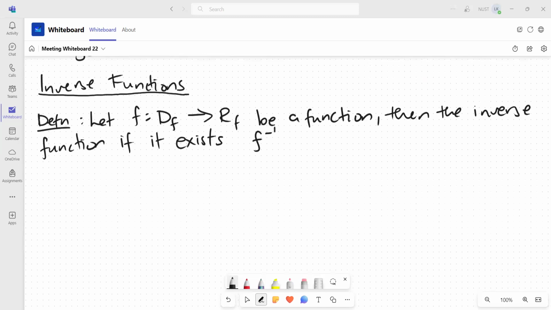And we write it like f to the power of minus 1. This goes from the range of f to the domain of f. So it goes in the other way around. So you see f goes from the domain to the range of f, but then the inverse goes from the range to the domain.